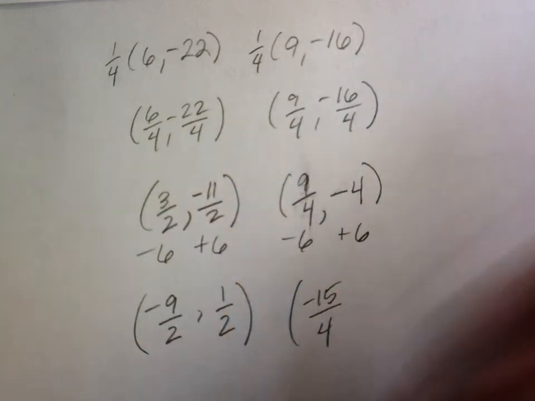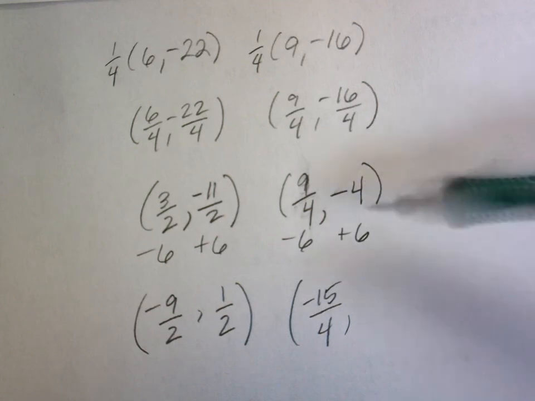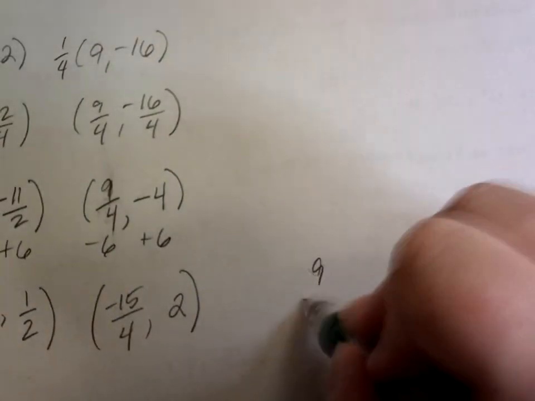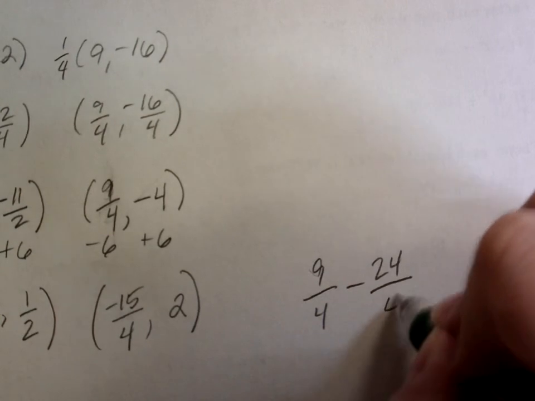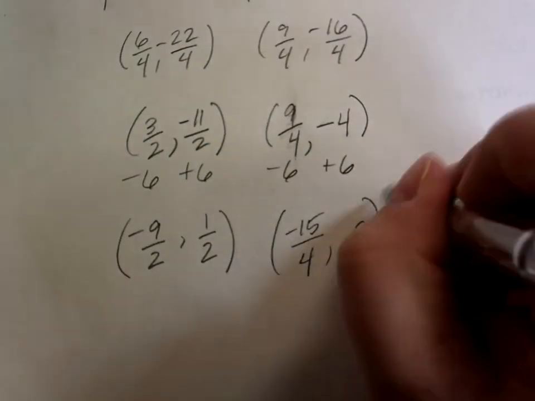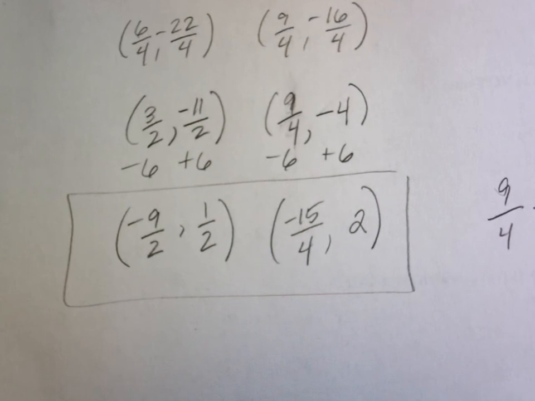I'll double check my math there. And -4 plus 6 is just 2. Yeah, that's right. Okay, so this is where those 2 points end up. Not the most convenient points to work with, but that's what we've got.